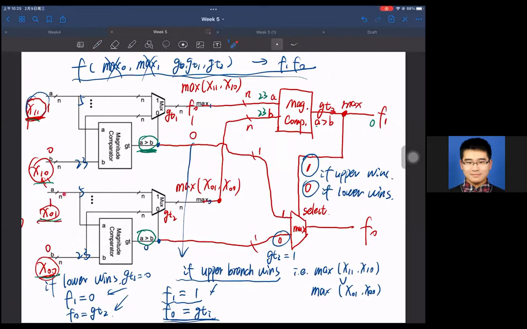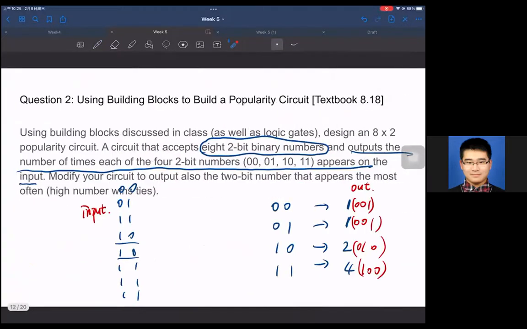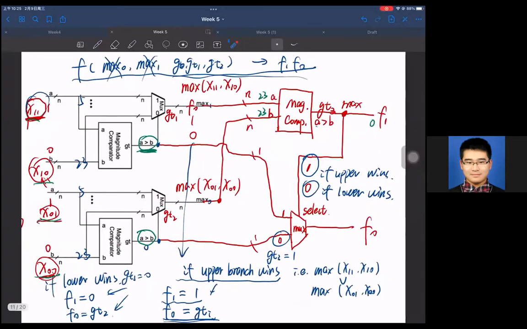But this time we will try to output this one. I think this is about not the lower index, but the higher value, right? Because it says the higher number wins. Modify the circuit so the 2-bit number that appears the most often, higher number wins ties. In the previous example, the lower number wins ties.